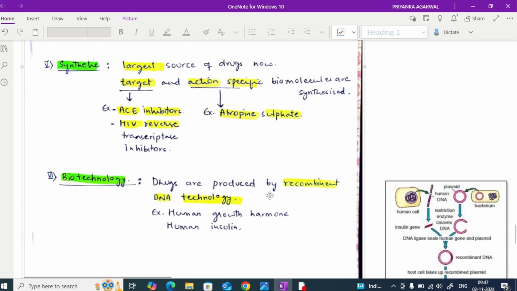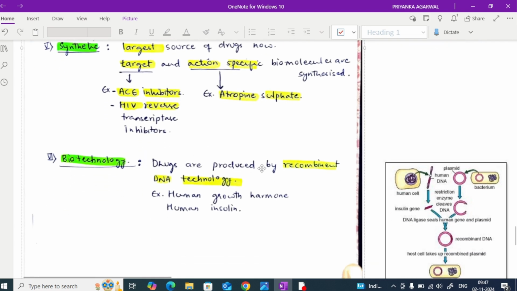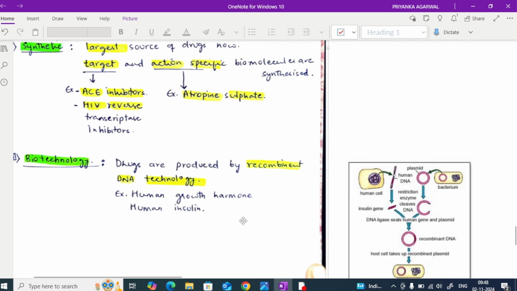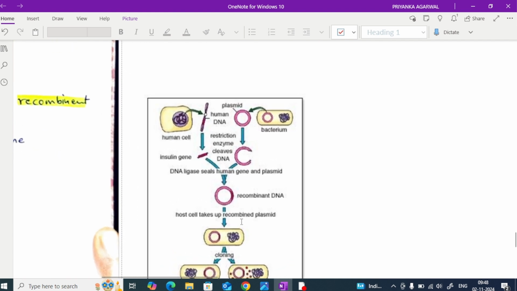Now coming to biotechnology. So here the drugs are produced by recombinant DNA technology. Example would be human growth hormone and human insulin. So if you see here, what is recombinant DNA technology? So we take human cell, okay, from the nucleus, we extract the part of the gene that is coding for example, insulin.